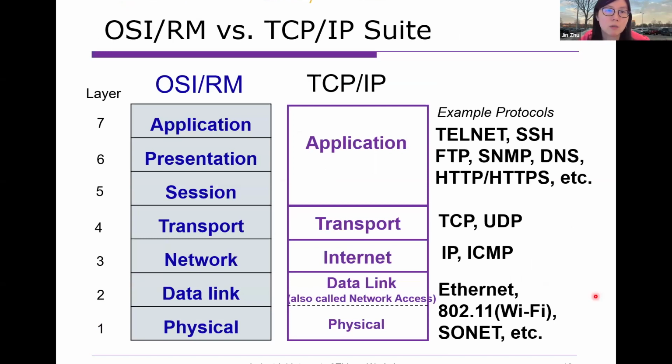So here is the comparison of the OSI 7-layer reference model and the TCP/IP suite. Over here is the internet layer, or the network layer. The most important protocol we use is the IP, Internet Protocol. TCP and UDP are the two most important protocols working on the transport layer.